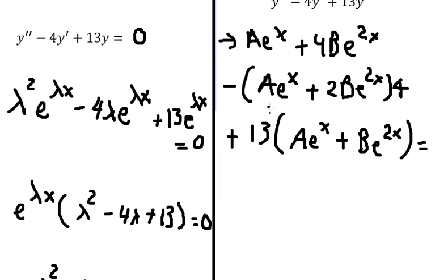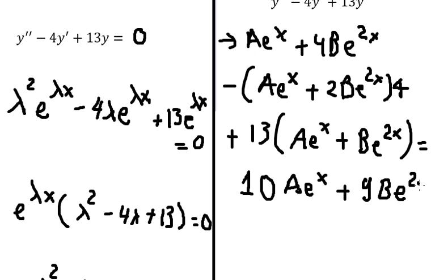So we need to simplify everything in terms of e to the power of s and e to the power of 2s. We have like this. And we have 10a e to the power of s. This one is combined from this one and this one. And we have 9b e to the power of 2s.